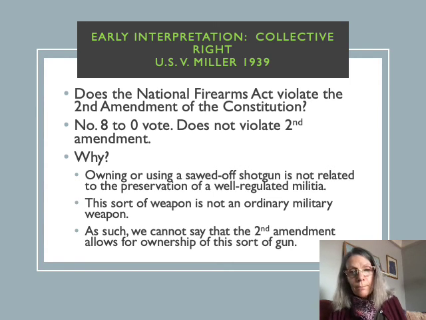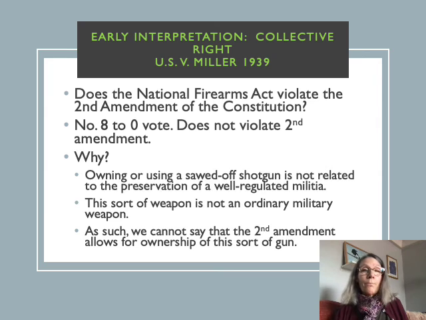So you can't bear a sawed-off shotgun, right? However, that doesn't mean that individuals couldn't own other types of guns that could be used in a militia capacity. So it does use a collective interpretation of the Second Amendment, but it doesn't completely take the individual out of the equation in understanding the Second Amendment.